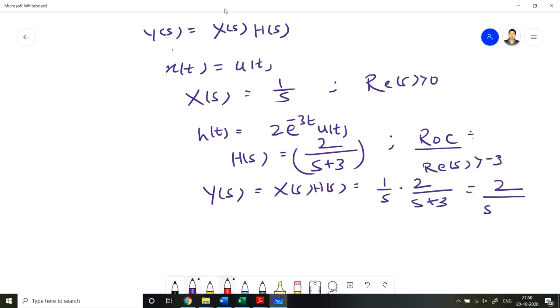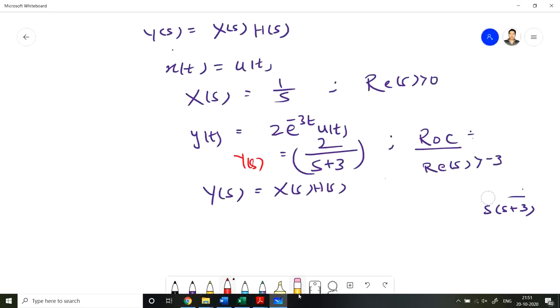Sorry, I made a mistake here: 2 divided by s plus 3 is Y(s), because I forgot that it is the output. I had taken it as the impulse response, so sorry for that. So we have Y(s) is equal to X(s) into H(s).